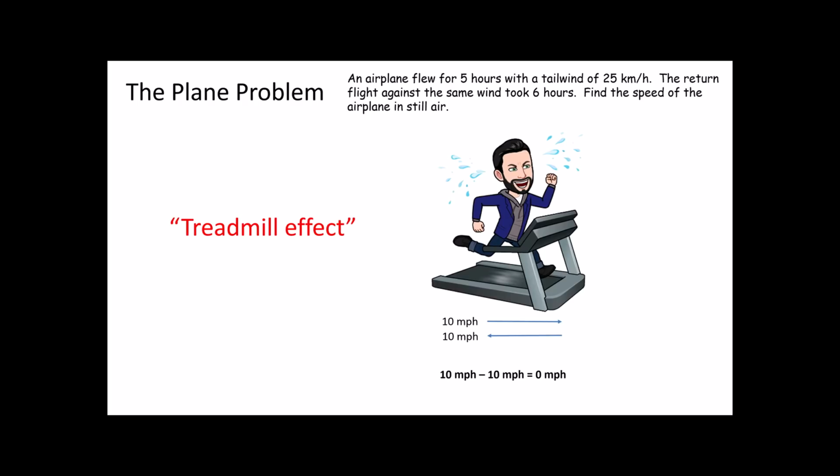In other words, if the treadmill is spinning backwards at 10 miles an hour, and I run forwards at 10 miles an hour, I actually end up staying stationary, moving 0 miles per hour. This is kind of how headwind works.